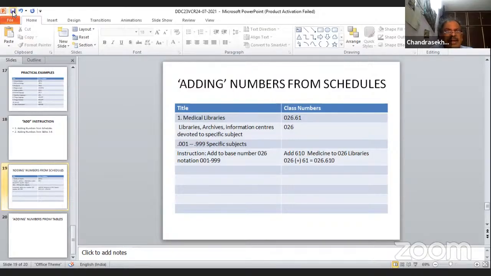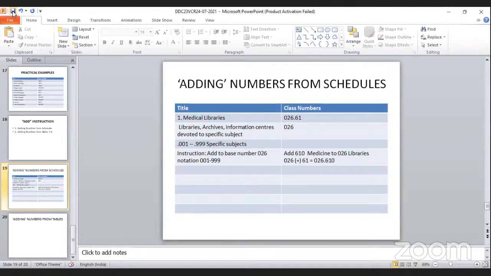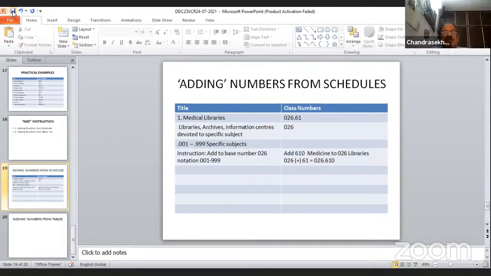So what they have done is, if you go to 026, libraries, archives, information centers devoted to specific subject, you see that number. That is included in 026.